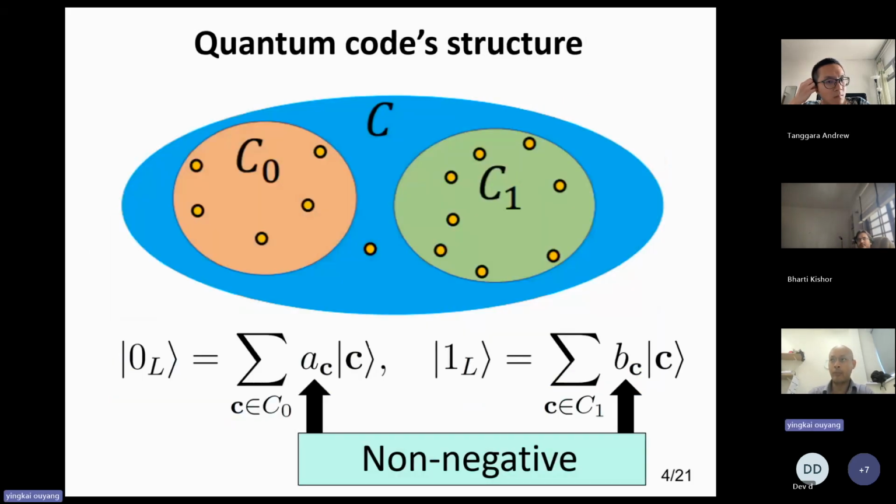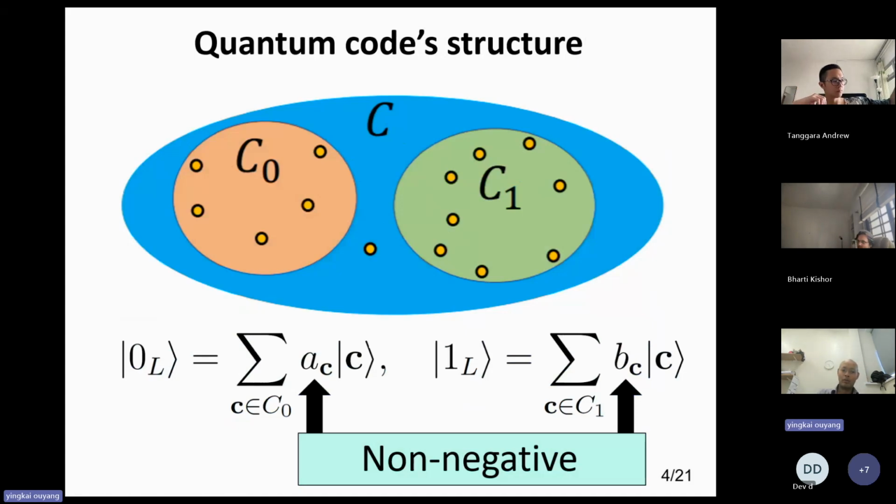So the idea is that we are going to construct a quantum error correction code from a classical code. Let's imagine this code to be a binary code. It doesn't even have to be a linear code. Basically, this code is just a subset of n-bit binary strings, you can imagine. Then we are going to partition this set C, which is the classical code, into two sets, C0 and C1.